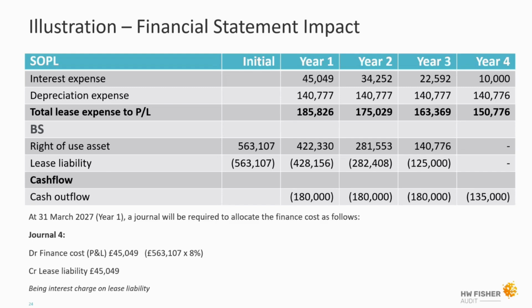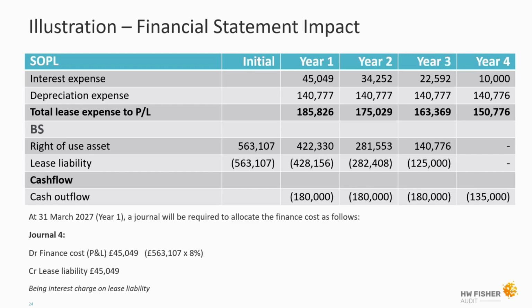Not significant, but if you added this up with the number of leases or other things, it could create differences on your balance sheet. Here we've got the right of use asset being depreciated over a straight line period. We've used 4 years, rounded for ease of an example here, but you depreciate that down. So that's your right of use asset going out.